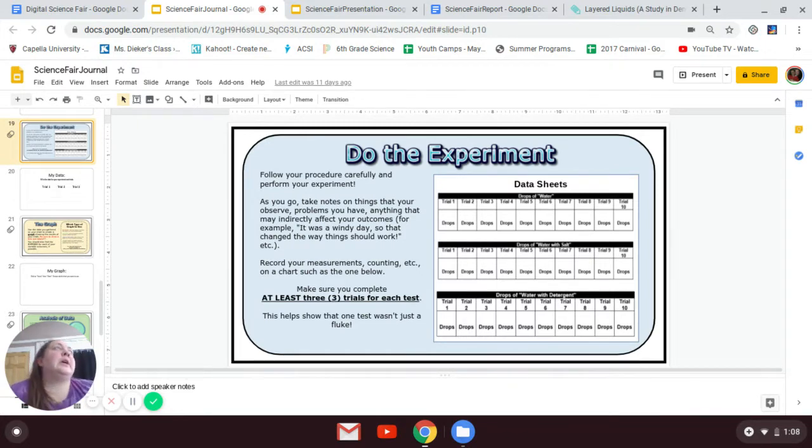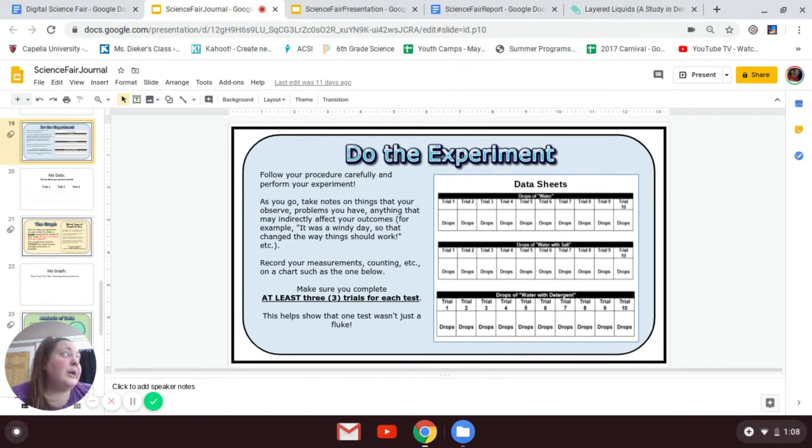Let's say I'm doing the project with the reaction between baking soda and vinegar and producing a gas to blow up a balloon. If I was doing that, I would want to have 3 different experiments, 3 different trials.